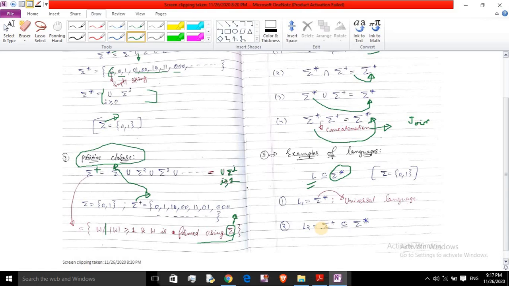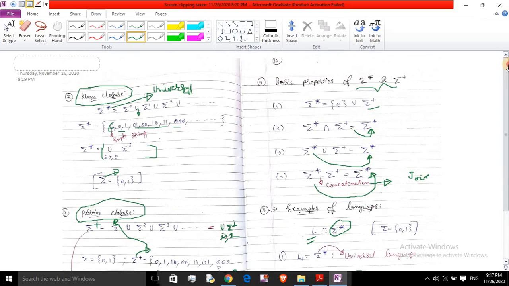There is a language L2 which is equal to the positive closure, and the positive closure is a subset of it, because sigma star contains the empty string and all strings having length greater than or equal to 0, while sigma plus contains strings having length greater than or equal to 1. So this is an example of languages.